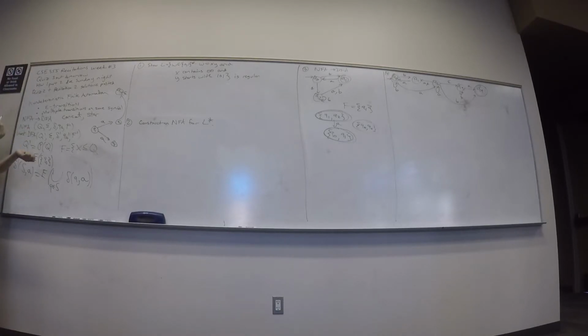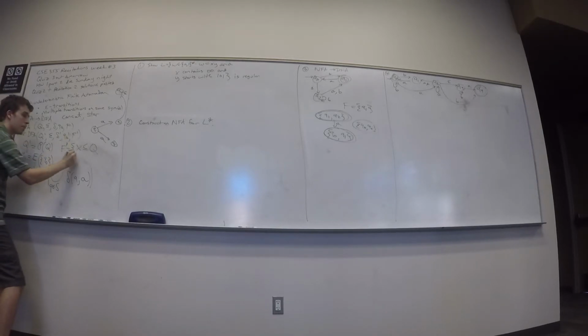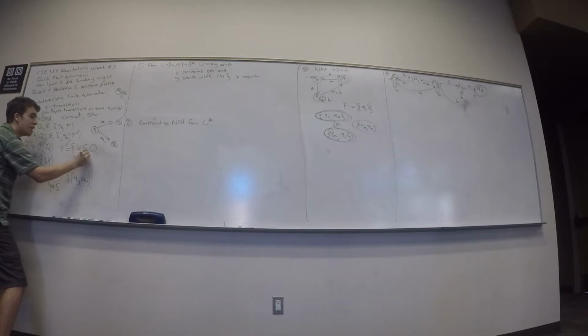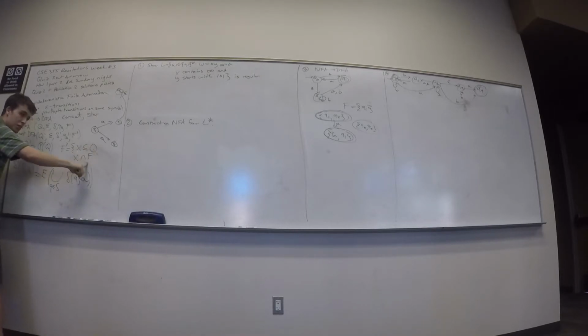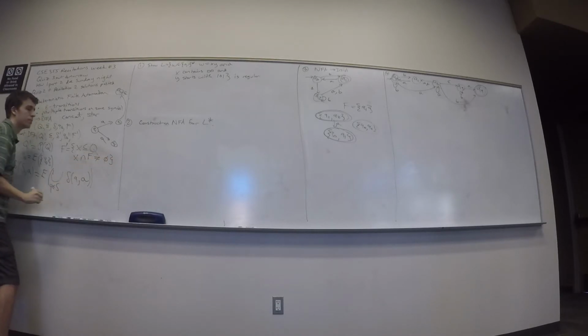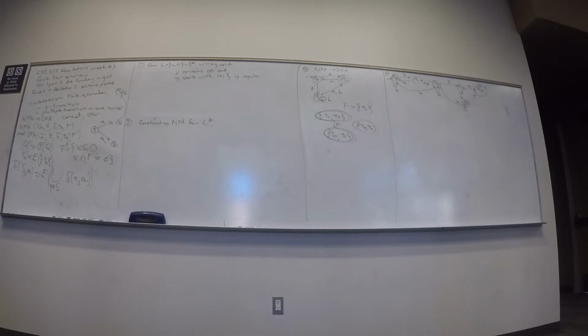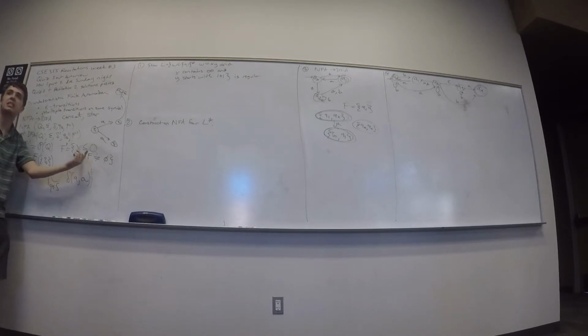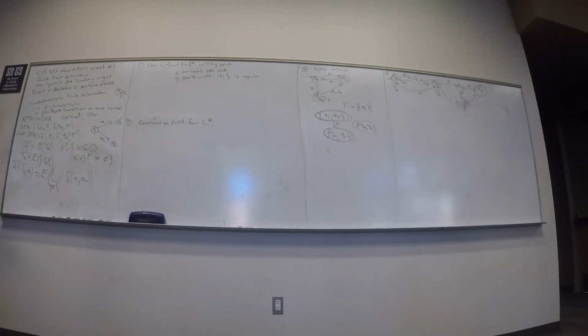And so I should make that a final state. So what I want, oh, this should be F prime, sorry. So X intersect F, the set of final states of the NFA, is not empty. Okay? I want something in common between this subset and the set of final states in the NFA. Okay? Any questions about that?